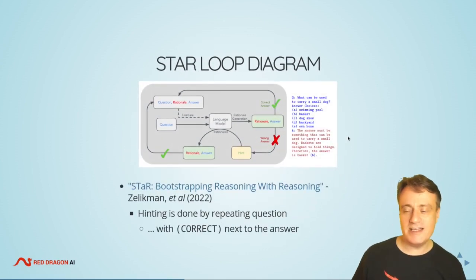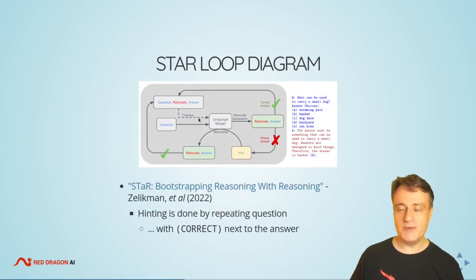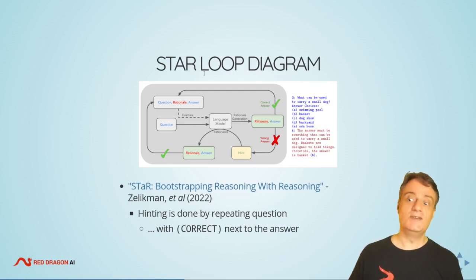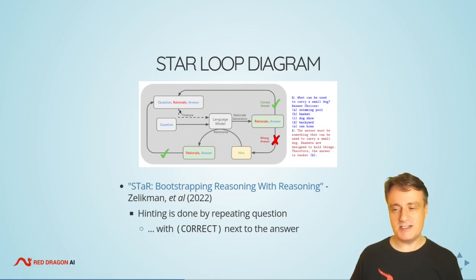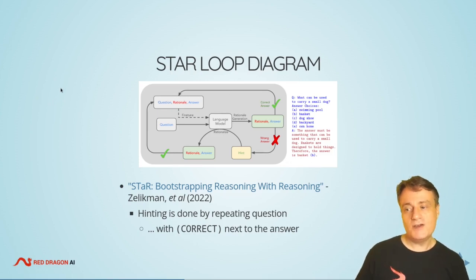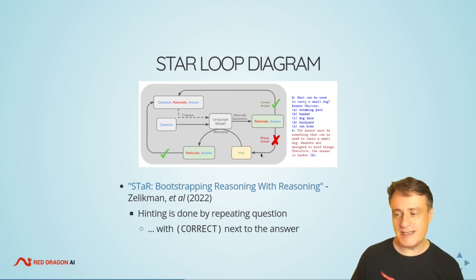So in terms of the diagram, basically we're going to go round a loop, putting the questions into a language model, getting some rationales. If the answers are right, we're going to use that, and then essentially keep using that in a kind of loop. There is another thing down the side here where we'd give a hint.